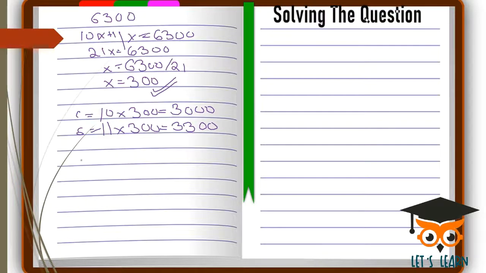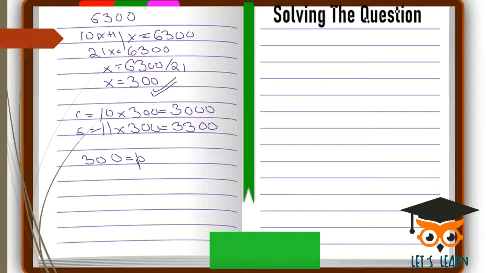Now the difference of both of these is 300. So 300 is the profit over here.